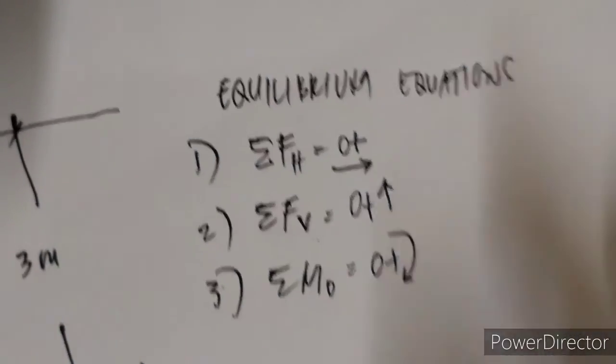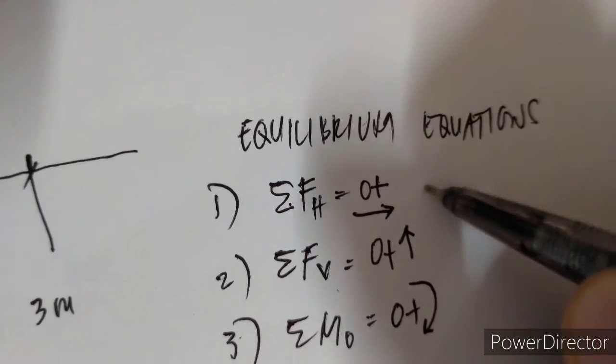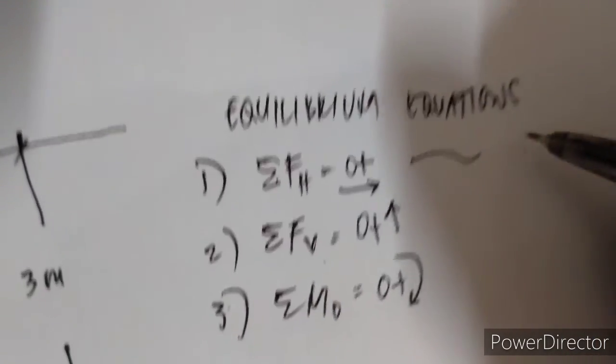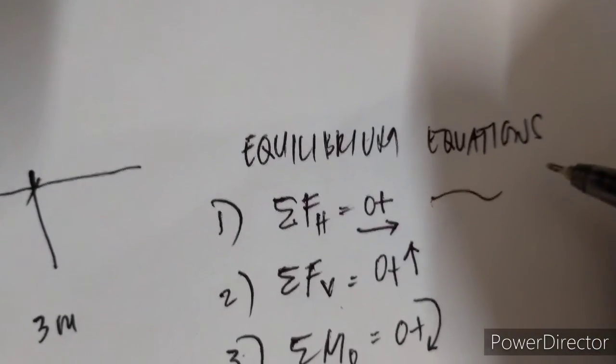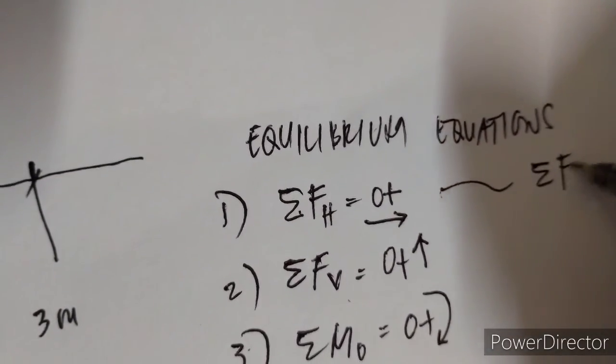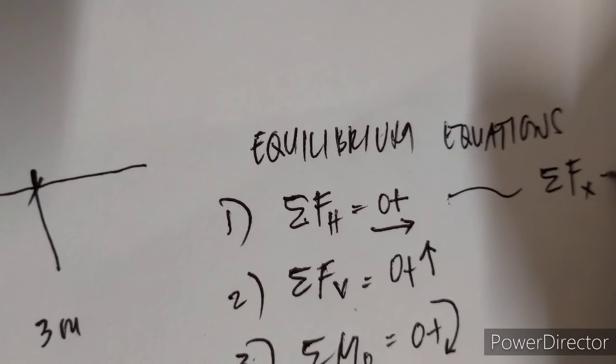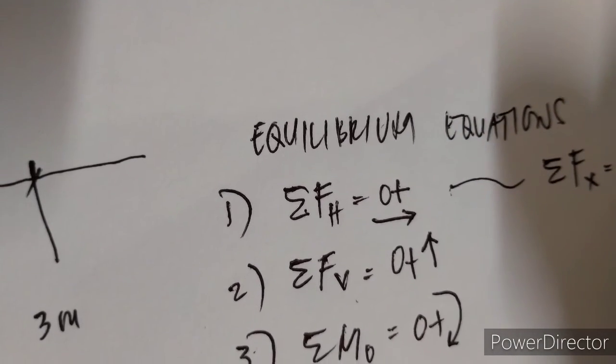So we can also designate this, or we can also call this one, if ever you are going to use your x and y, so we have summation forces x is equal to 0, positive to the right.